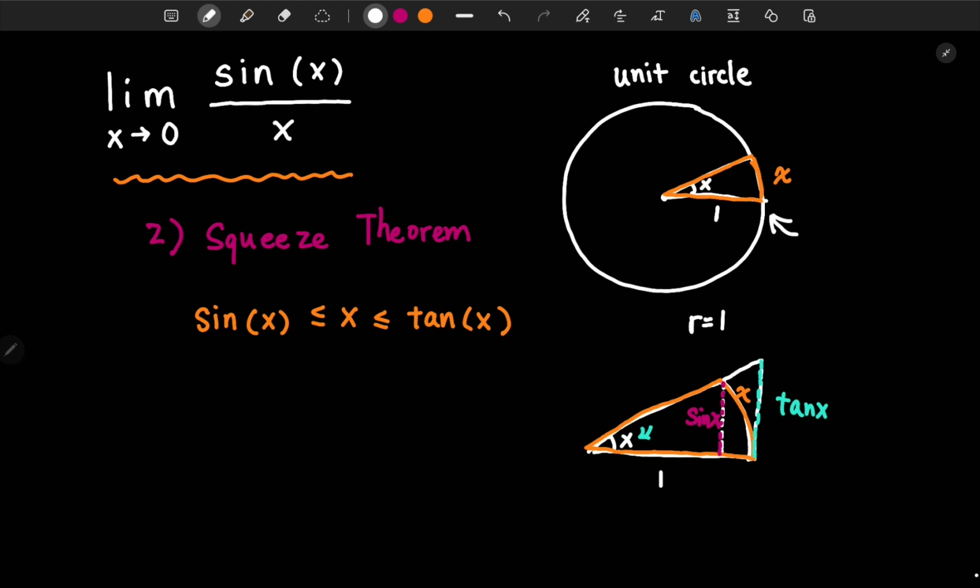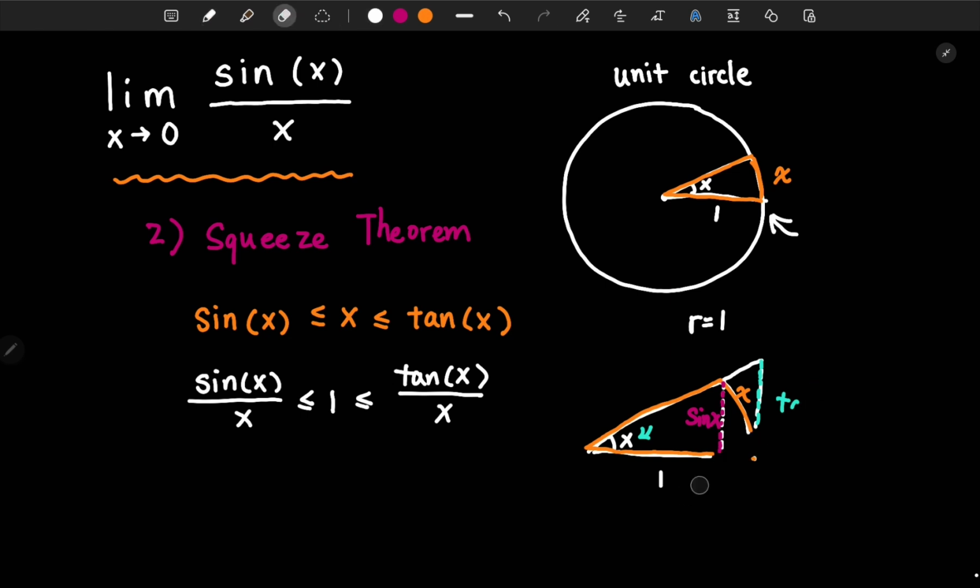The next thing we'll do is to divide both sides by x. We would get sine of x divided by x smaller than or equal to 1, smaller than or equal to tangent x divided by x.